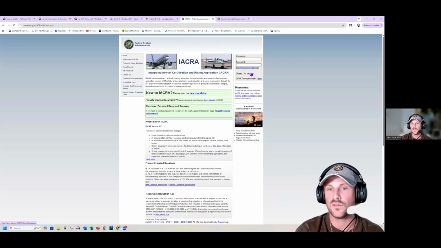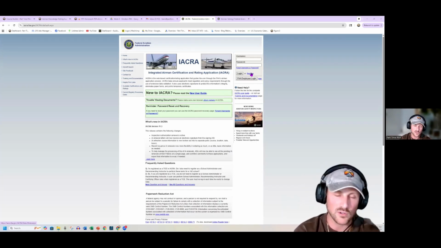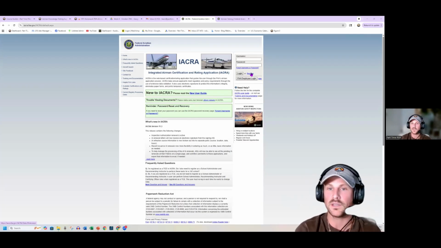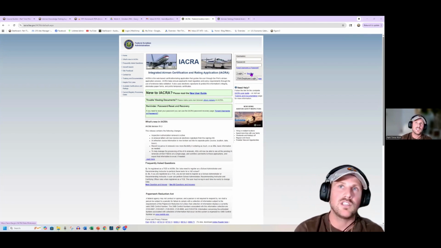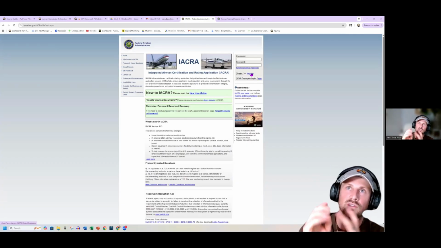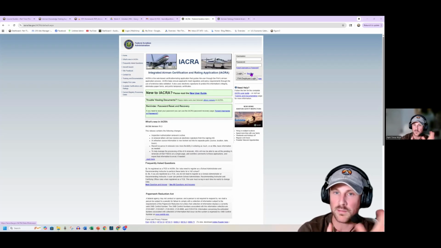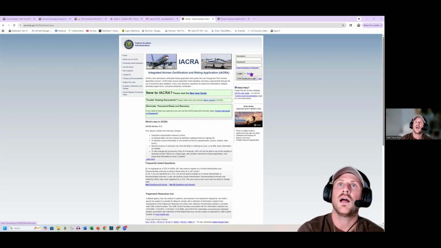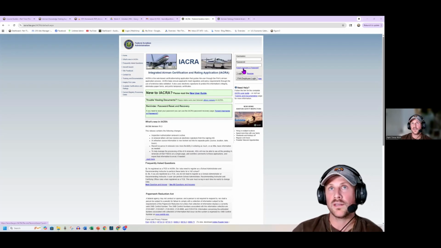It's going to give you a federal tracking number, FTN, or maybe it's FAA tracking number, but it's FTN. We need that FTN to schedule the test. Even if you haven't started flight training, you can still do this. You just make an account with your name and email, maybe your address. If you already have one, you just need to log in.